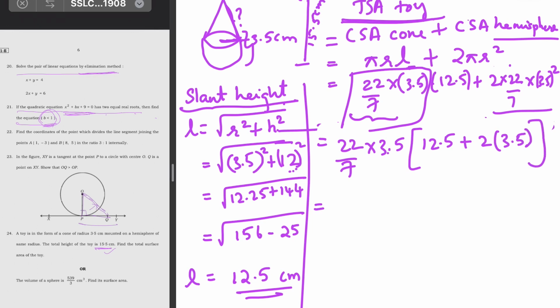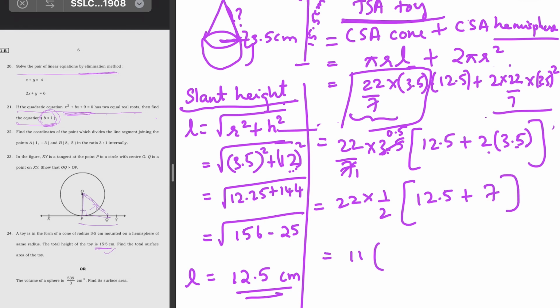So it is 7 ones are 7, 0.5 is 3.5, and 22 into 0.5 is nothing but 22 into 1 by 2. That is again 12.5 plus 3.5 into 2 is 7, that is equal to 11 into 19.5, which is equal to 214.5.